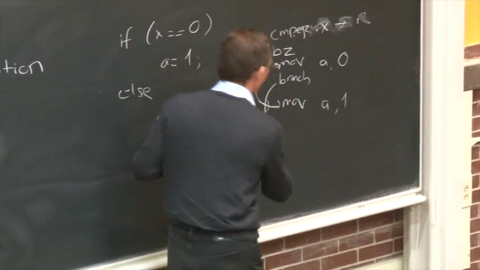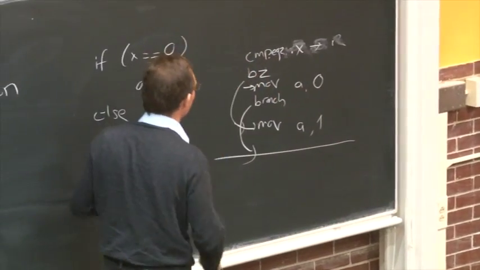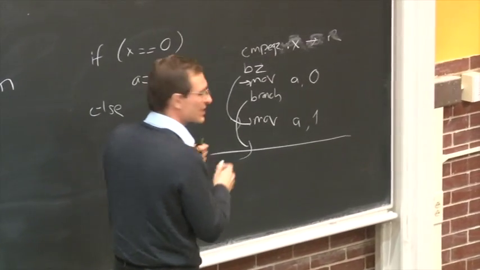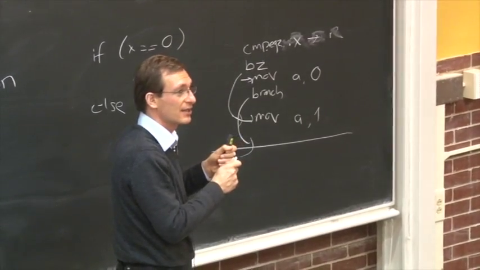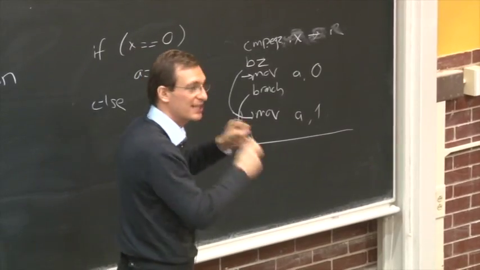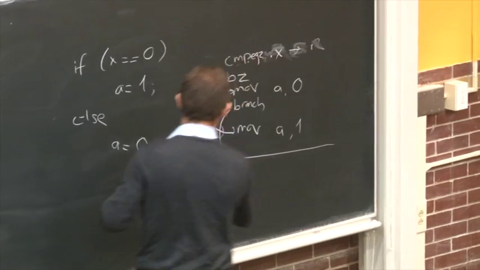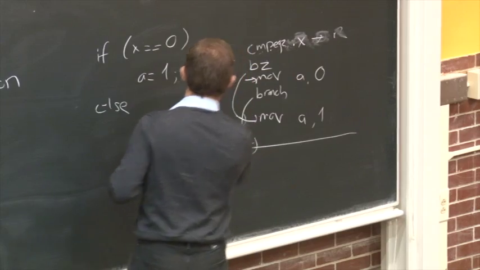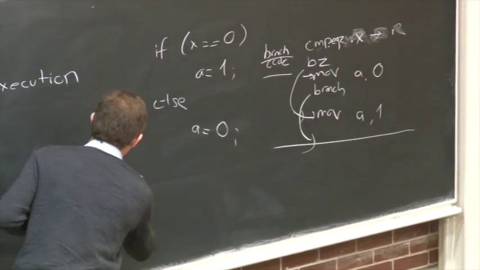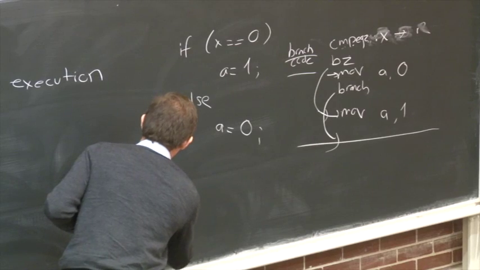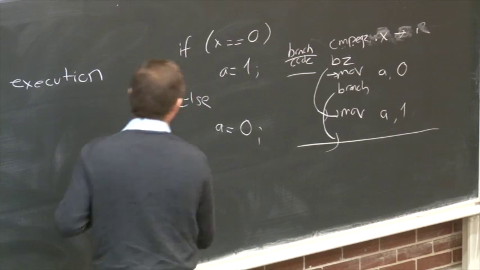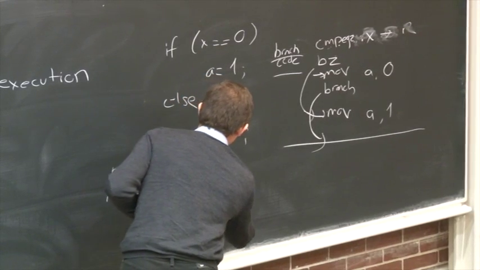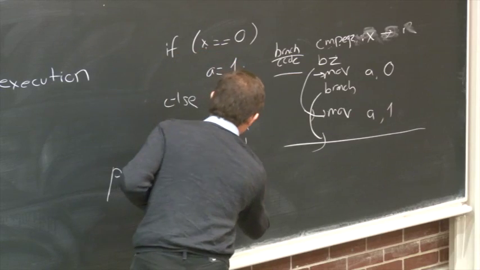So one other way of solving the problem, other than branch prediction or stalling, is to use predicated execution. The idea here is that each instruction has a bit associated with it, and that bit is set by a predicate-setting instruction. So this is the branch code, and I'll write the predicated code for this, which is a little bit simpler. We still need to figure out whether x is equal to 0.